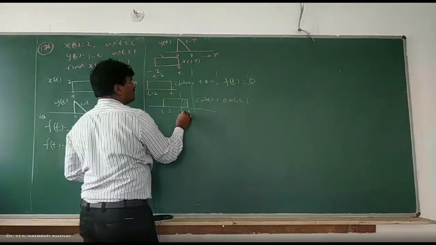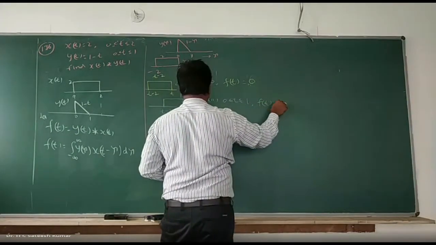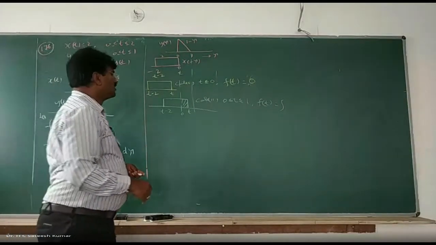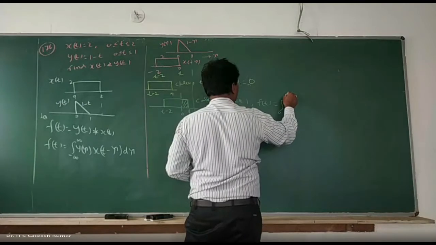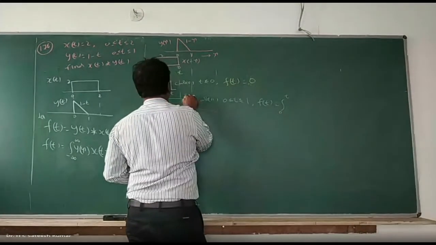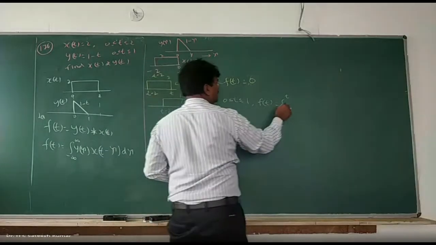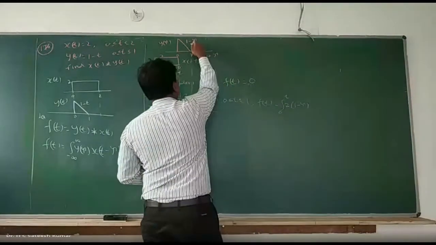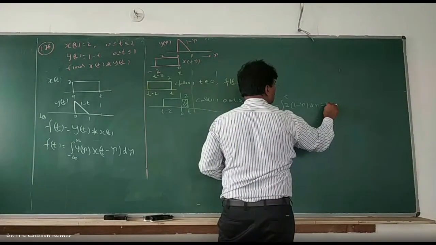This area is from 0 to t. F of t is equal to, now the convolved signal we called f of t, no? So integration from where to where? 0 to t, and amplitude is 2, and 2 into 1 minus tau d tau, which is equal to 2, keep it outside.